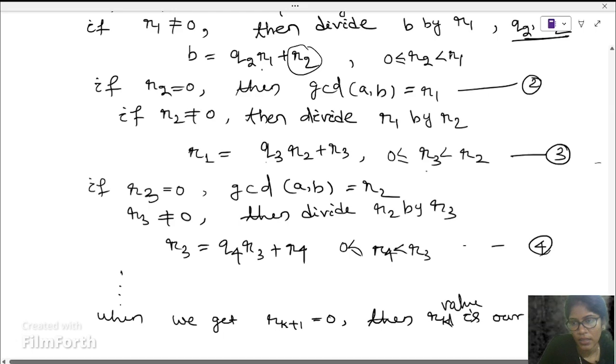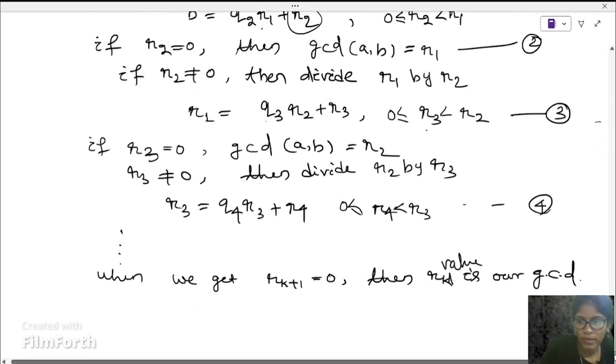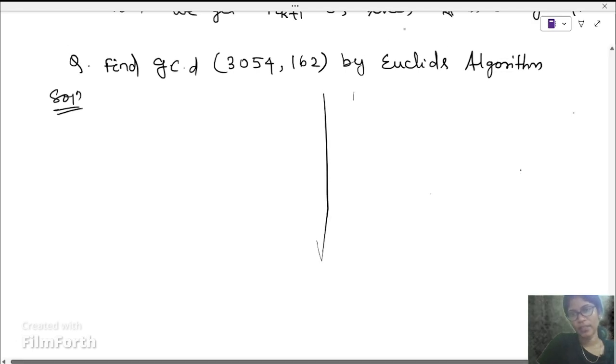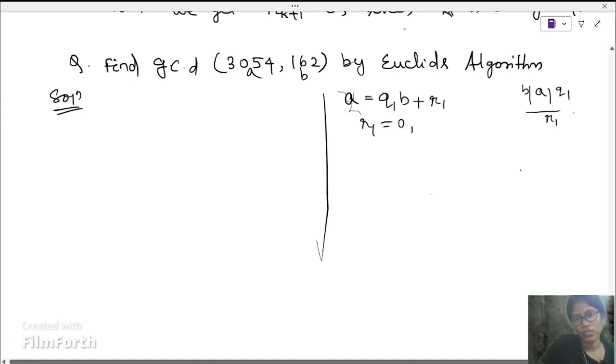Let's move to a problem. The result of the Euclidean algorithm: when we divide a by b, there is quotient q1 and remainder r1, so a is equal to q1 b plus r1. If r1 equals 0, then the GCD is b.